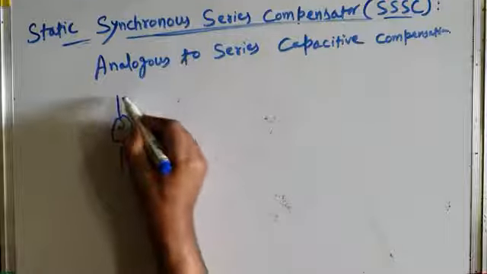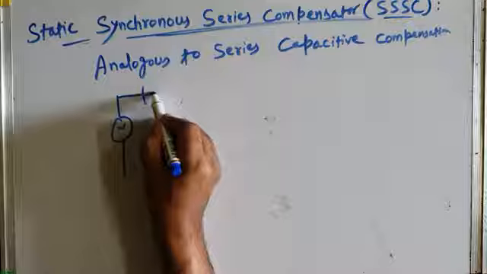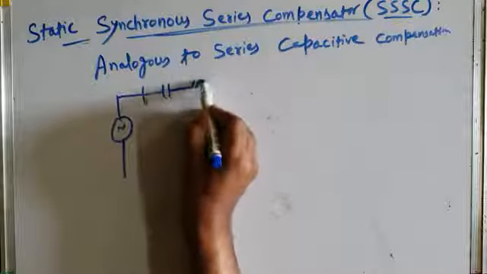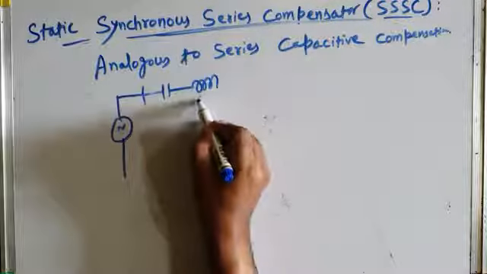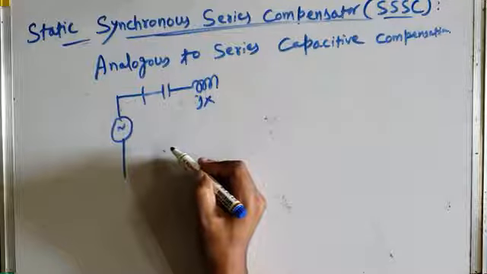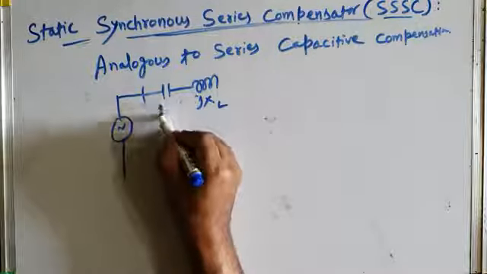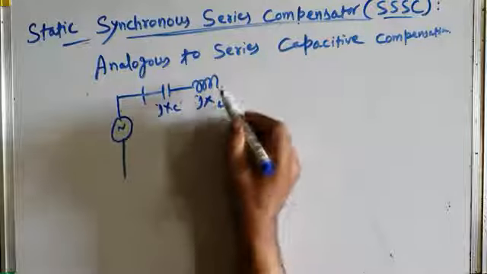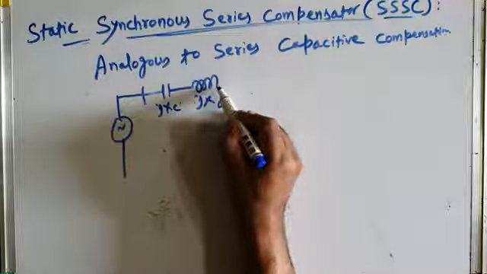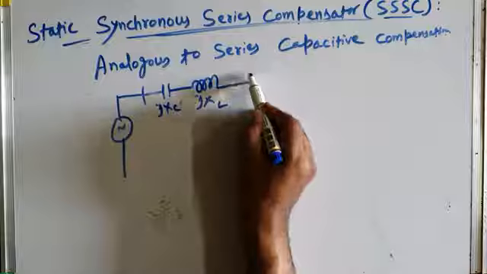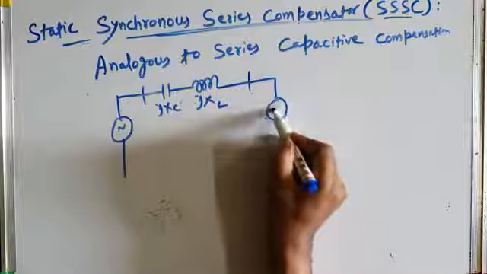You have sending end voltage, for example, and this is the transmission line reactance jXL, and this is jXC, right? And then we have receiving end voltage.